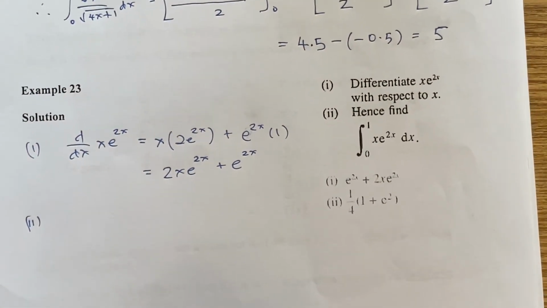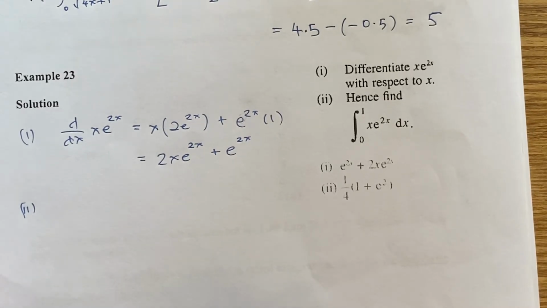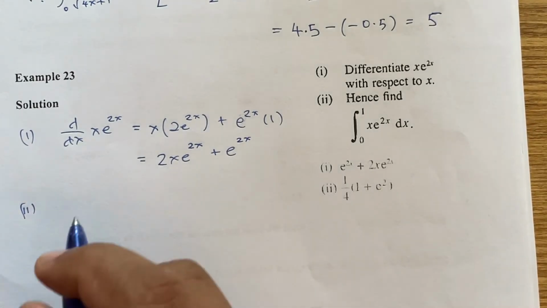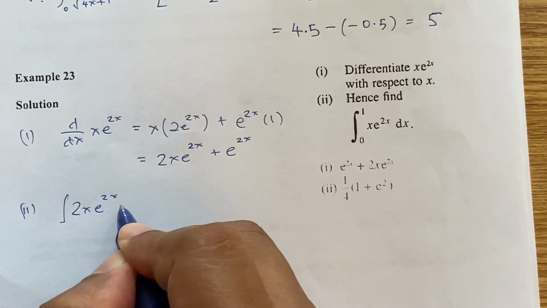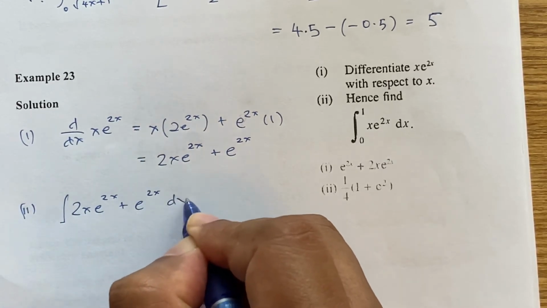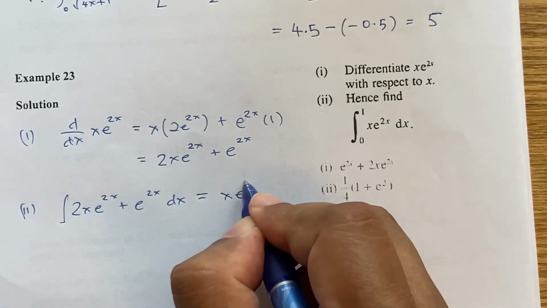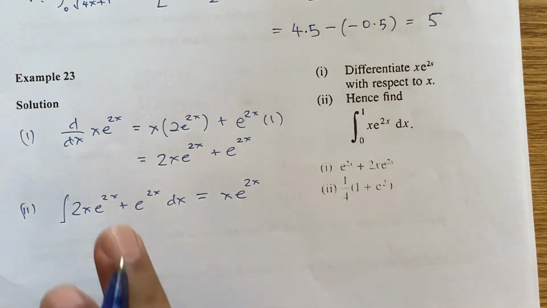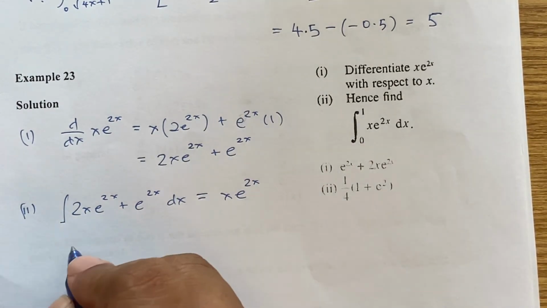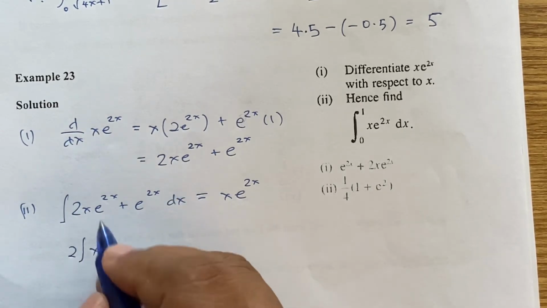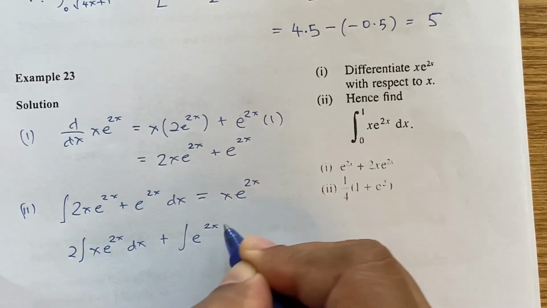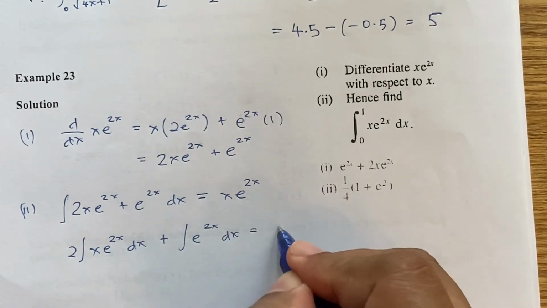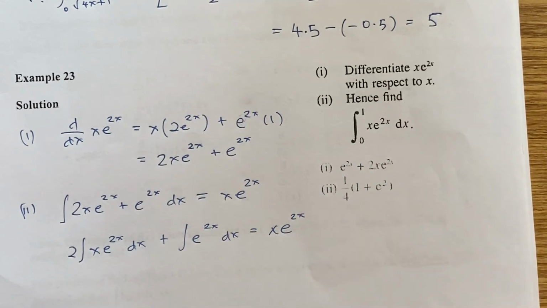We use the same idea, that integration is the reverse of differentiation. So when we integrate this with respect to x, we are going to have this function. Then we break up the left hand side into the integral of x e to the 2x dx plus the integral of e to the 2x dx, equal to x e to the 2x. This is a definite integral, so there is no c there.